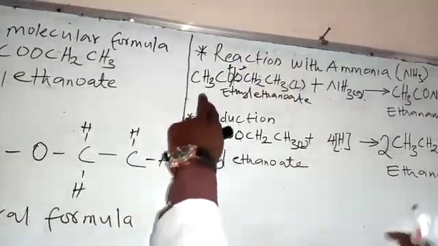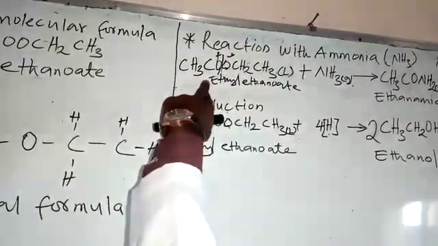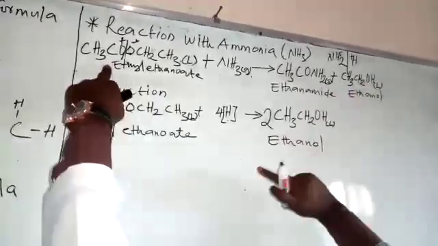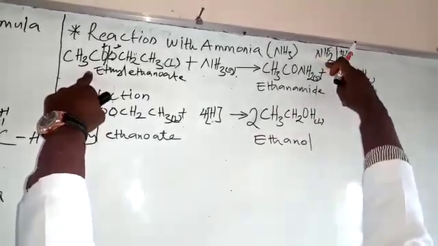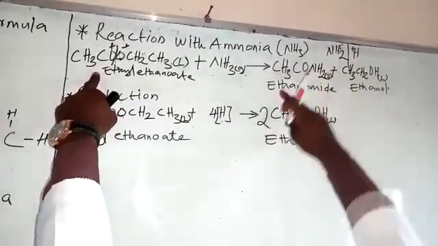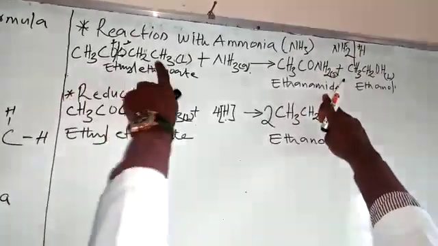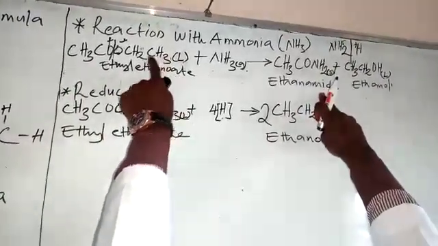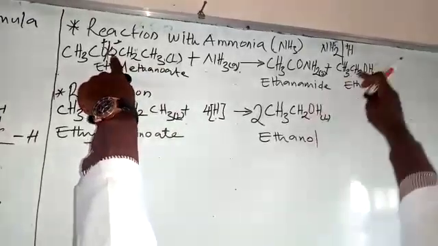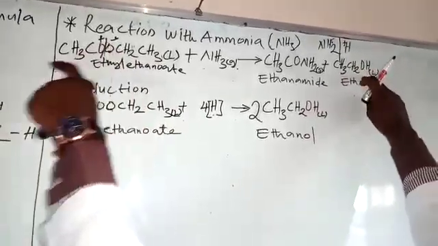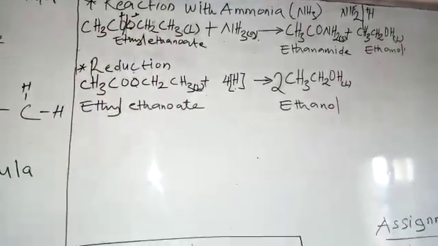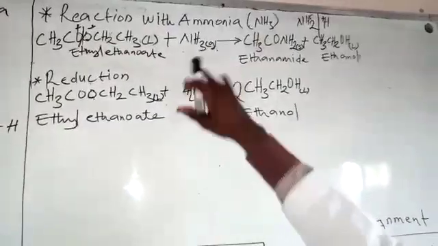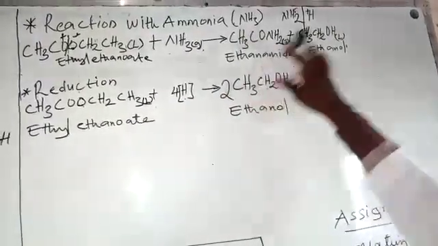So you now have CH3CO being plus. It will pick this minus, which is NH2. That leads to the formation of ethanamide, and then this CH3CH2O minus will now pick this plus to give you ethanol. So the reaction of ethyl ethanoate with ammonia will lead to the formation of ethanamide and ethanol.